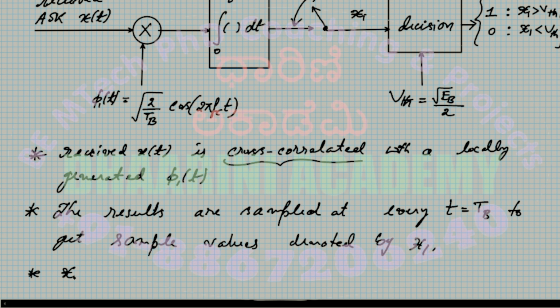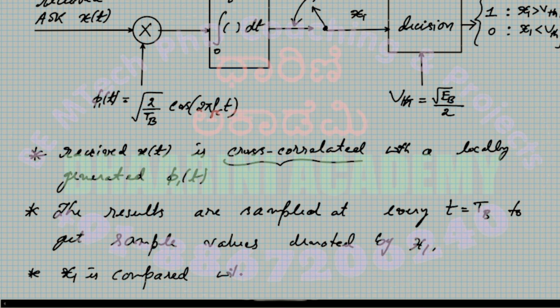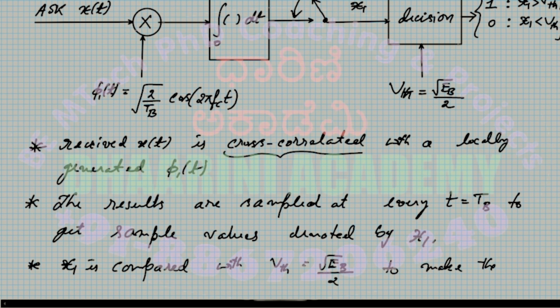So x1 is compared with the threshold equal to root of E_B by 2 to make the decision.